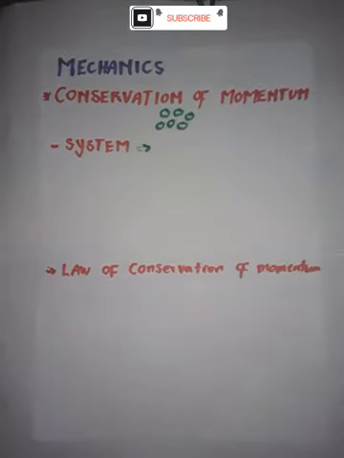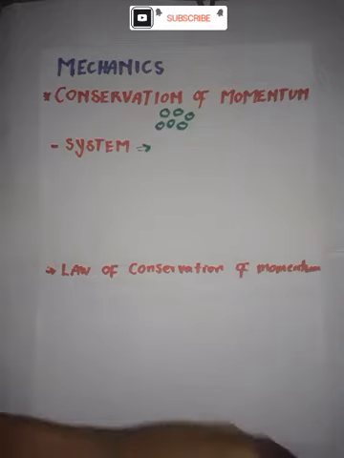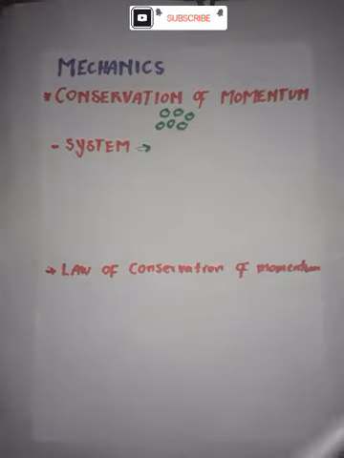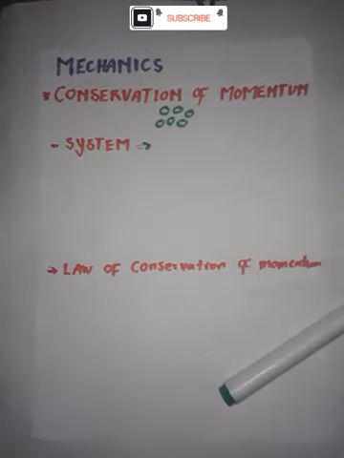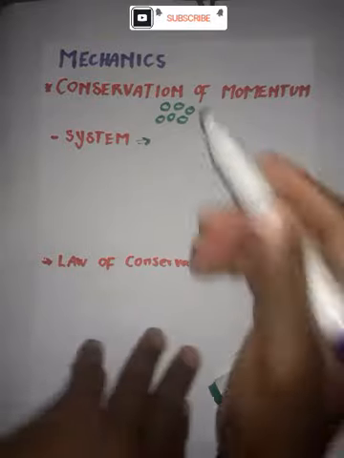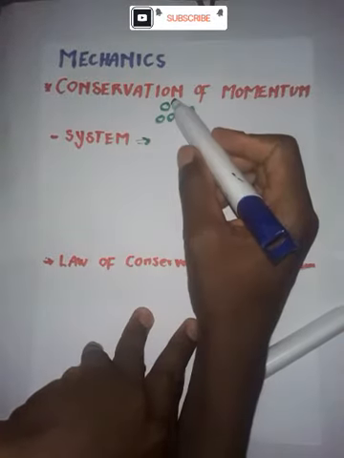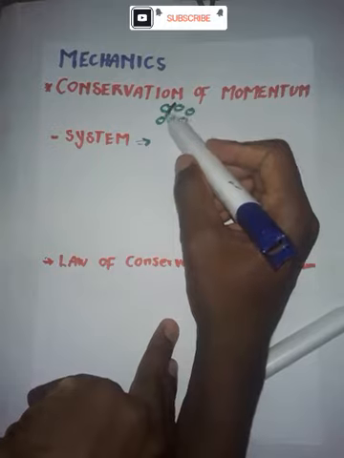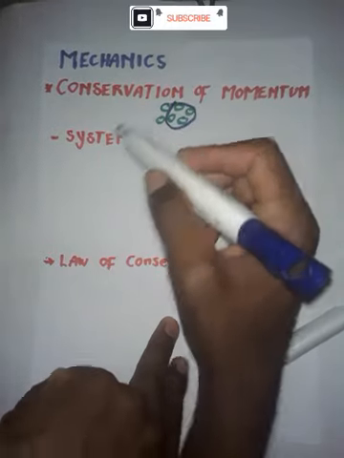A system is just a group of objects that we can separate in our mind. If you have many objects, but there are some of them that you can put a boundary around in your mind, then we call that a system. Here we can take these 4 objects as our system.